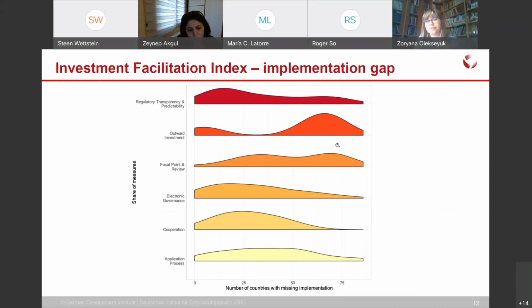And there is lots of improvement possible for a very high number of countries, right? So that gave us the first insight, and we have also had a look at which measures are the most implemented or not. I have also a couple of slides, but we don't have time, so if you're interested, I can show them later on.